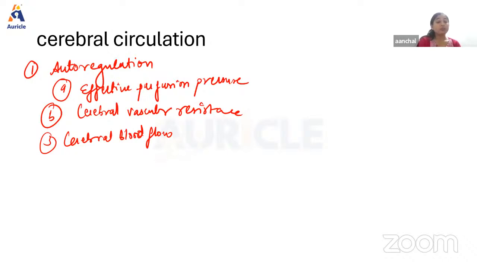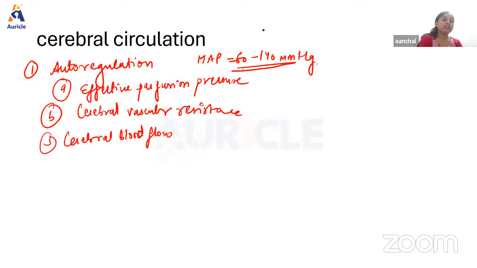Okay, so autoregulation is possible in the brain if the mean arterial pressure is within the range of 60 to 140 mmHg. Okay, and autoregulation fails beyond this range. If it falls, then also it will fail. If it exceeds 140, then also it will fail.